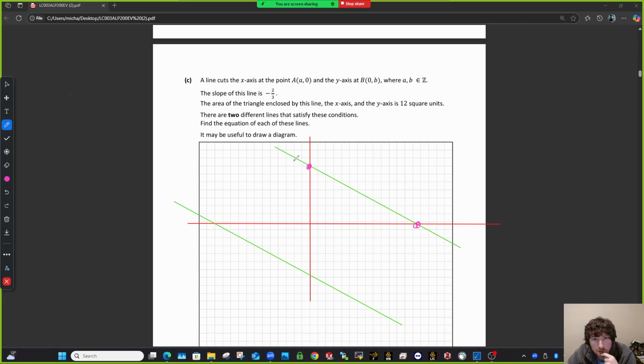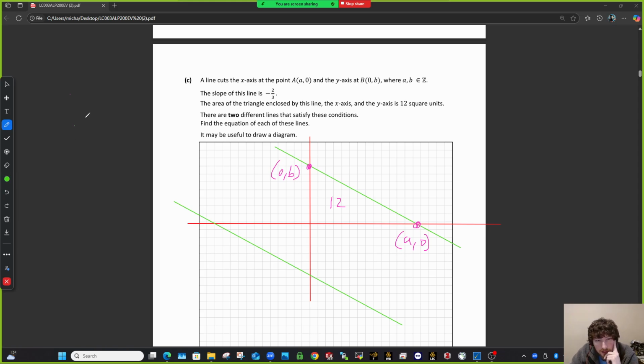This point here is the y-intercept, which will be 0, b up here. And this is the x-intercept, which is a, 0. Okay. And then the area of the triangle is 12.